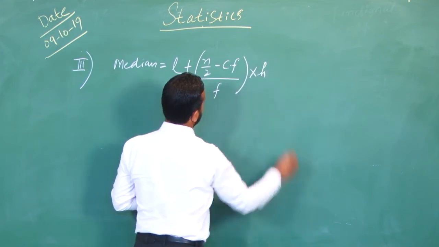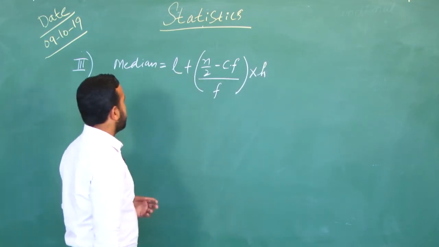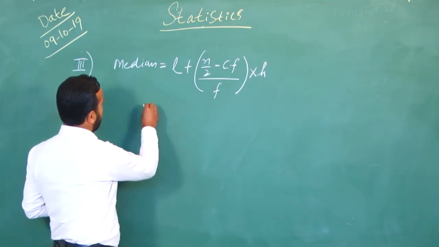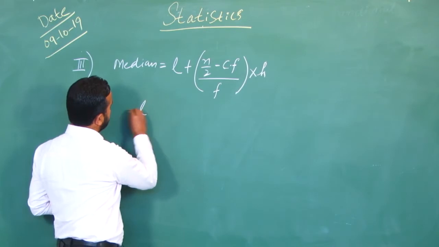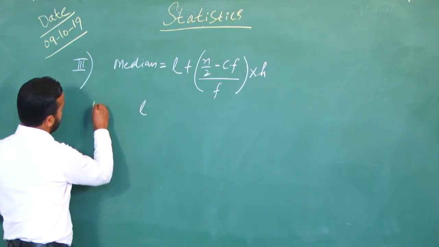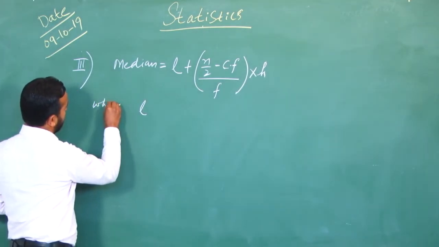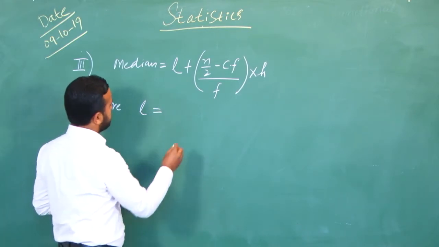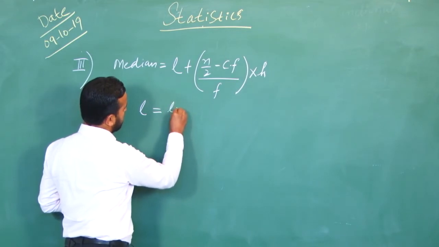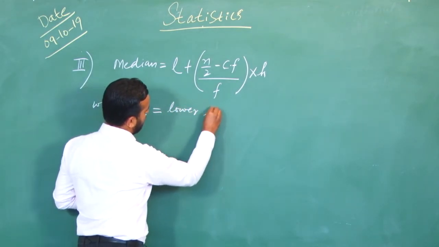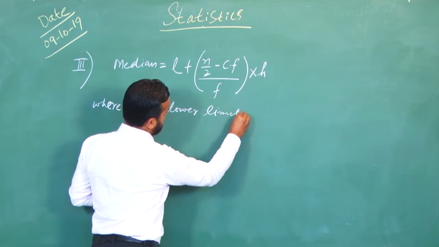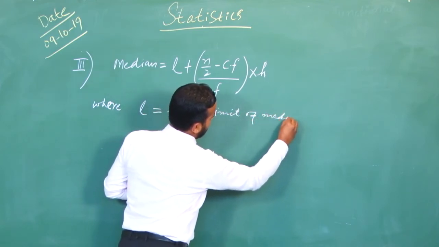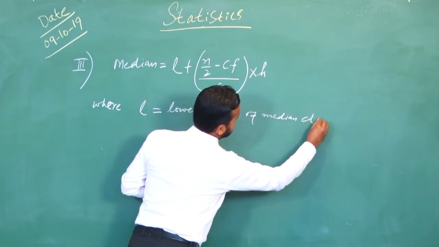Now let us see what the various parameters used in this formula are. First of all, L denotes the lower limit of the median class.